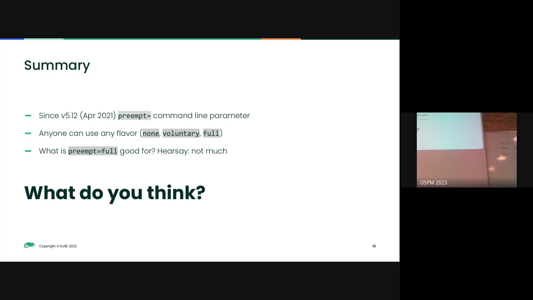So, and then you bail out early in unlock. Checking whether you should enter the slow path or not on the unlock, and yeah.